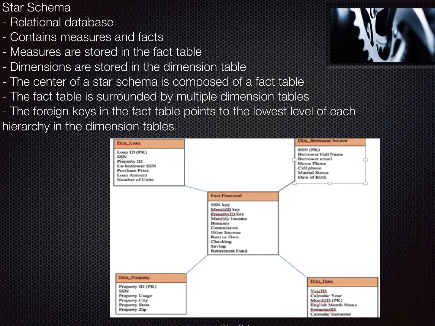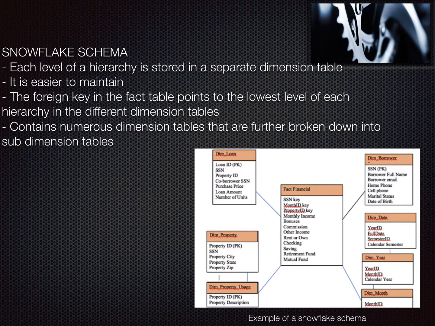For the snowflake, it also has a fact table in the center of it and relates to the different dimension tables through the foreign keys that point to the lowest level of the hierarchies for each dimension table. But the thing is, with snowflakes, the dimensions are broken down into sub dimension tables.